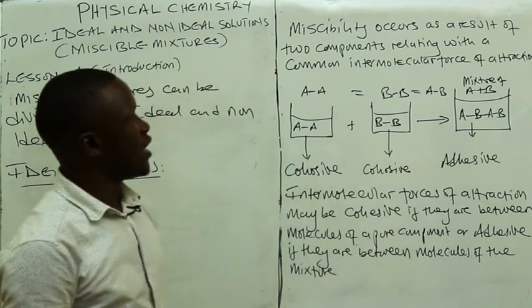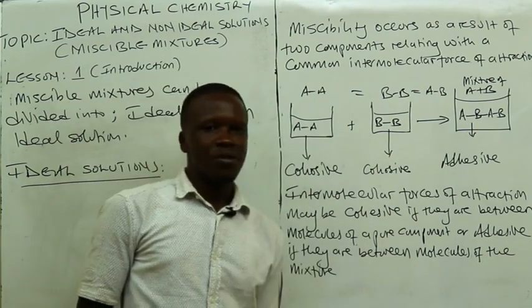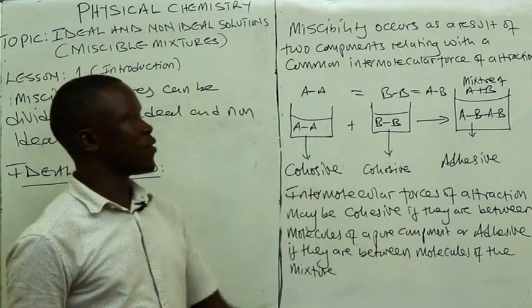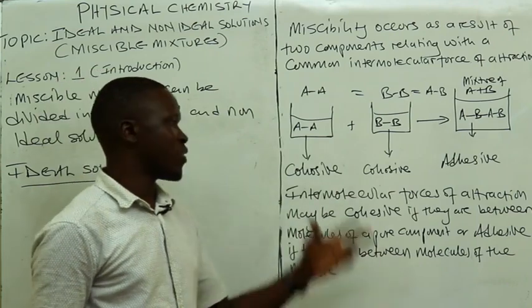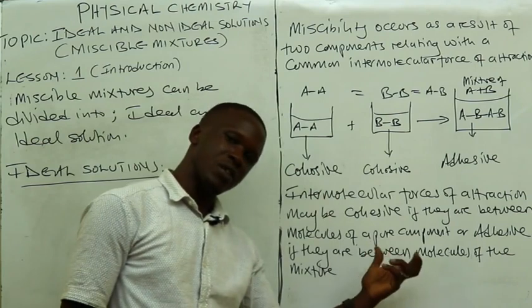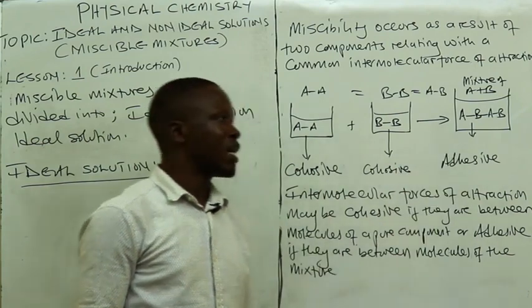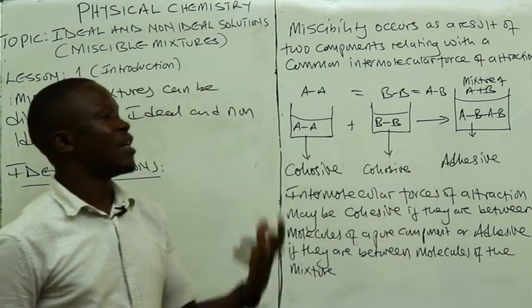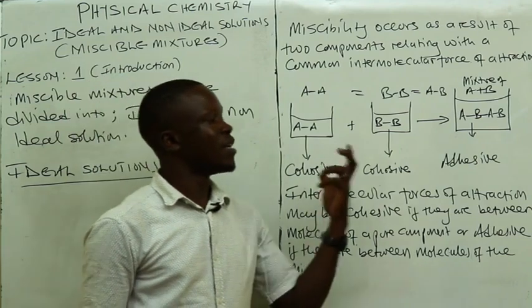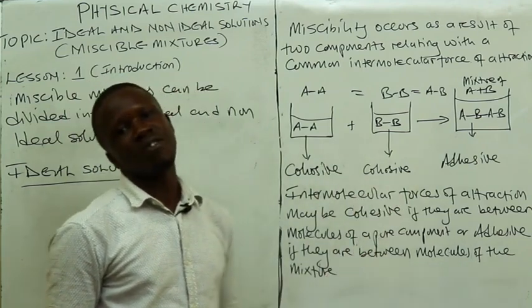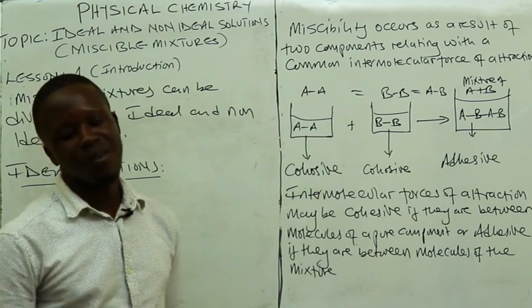That is, the magnitude of the cohesive forces of attraction between molecules of the pure components is equal to the magnitude of the adhesive forces of attraction between molecules of the mixture.